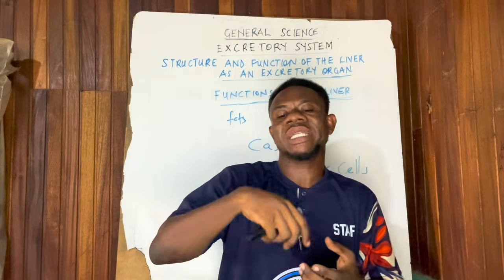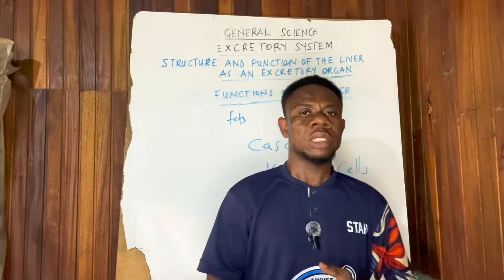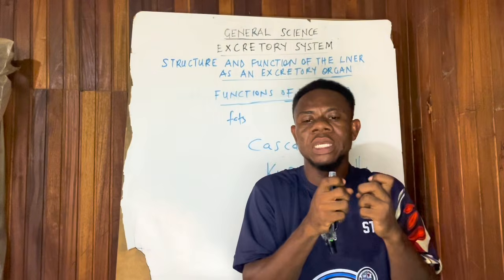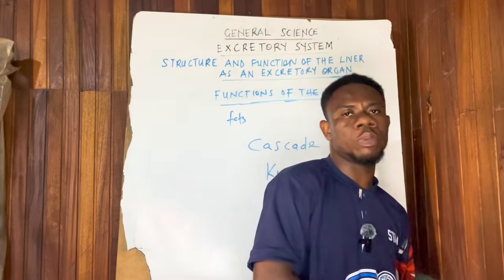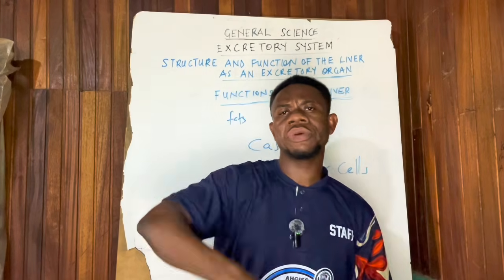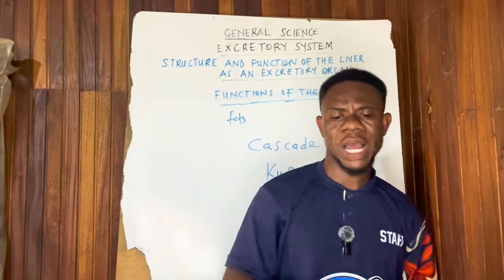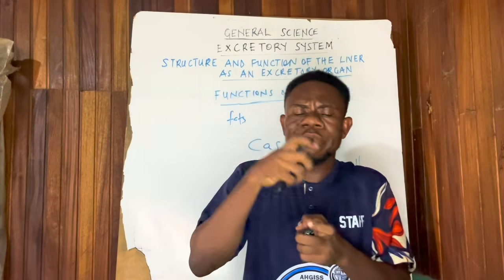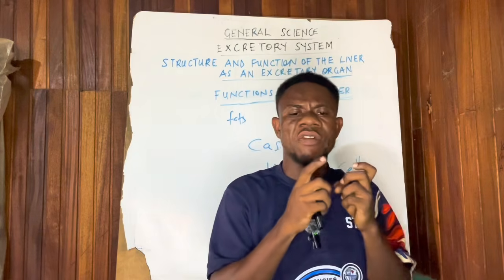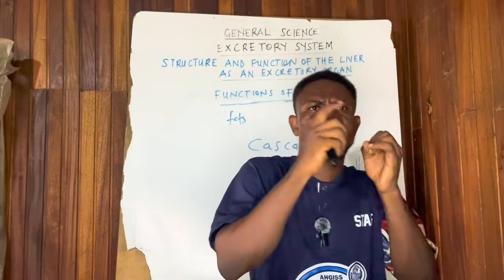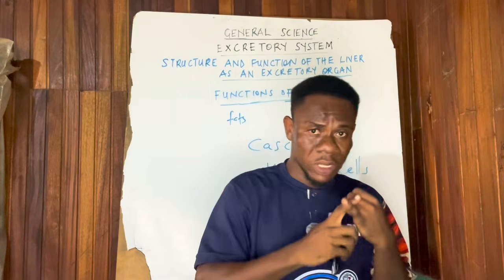When there is a breakdown of hemoglobin, the conjugated bilirubin is made water soluble, then bilirubin is excreted in bile. Now, this is very, very important. Why? This prevents bilirubin accumulation.